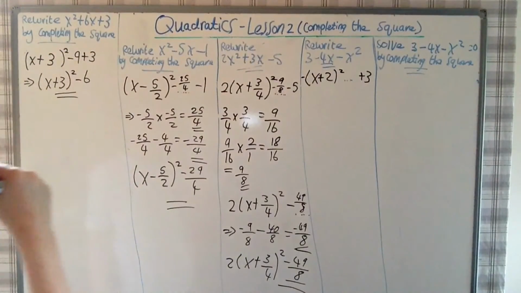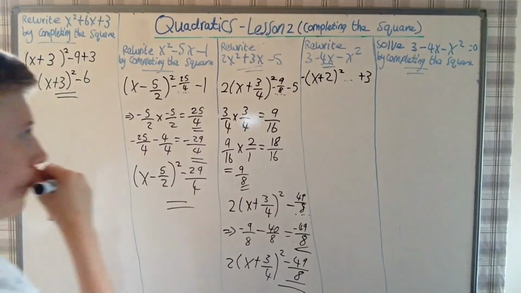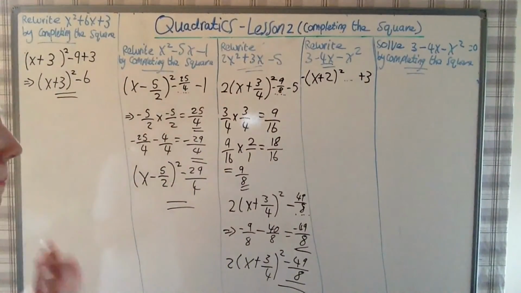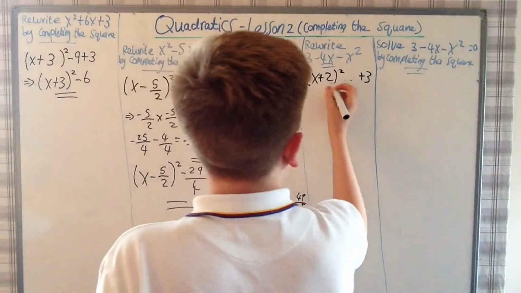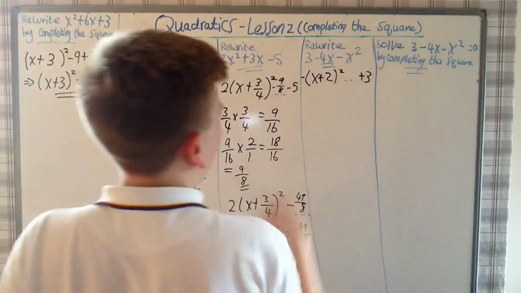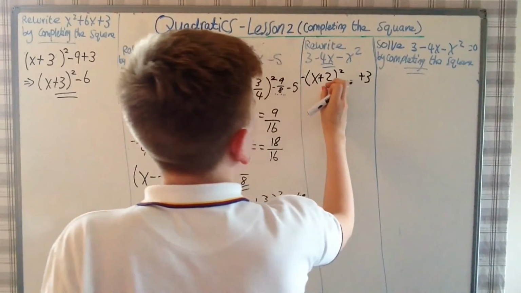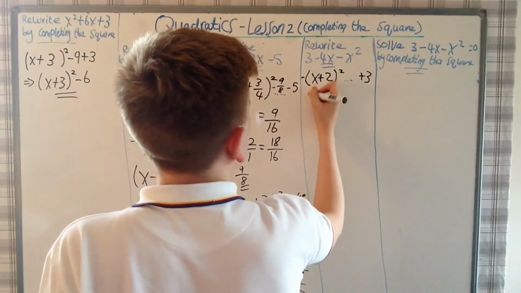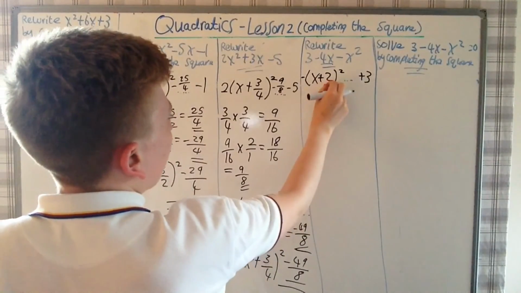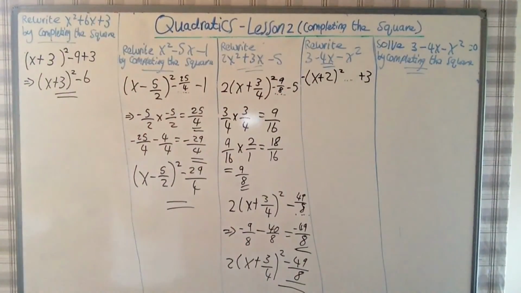So, completing this, we need to find this value. So what we do here is we expand these brackets. Now 2 squared gives us 4. Okay, so we're going to get the x squared, we're going to get the minus 4x, but 2 squared would give us 4.